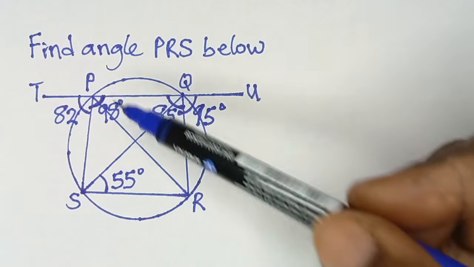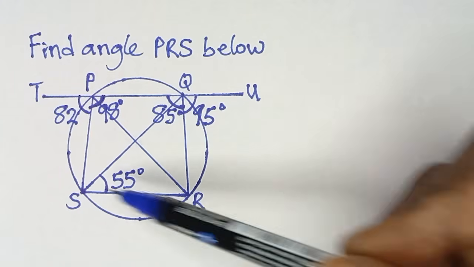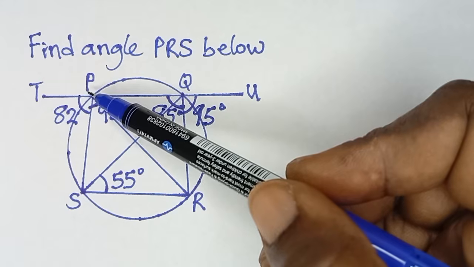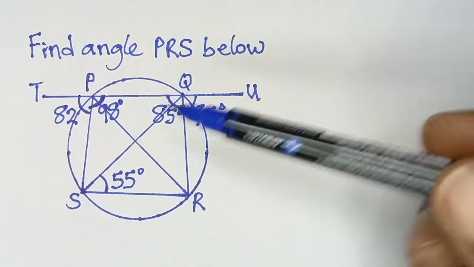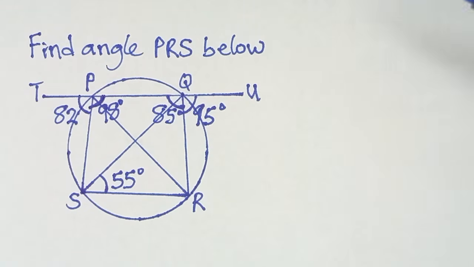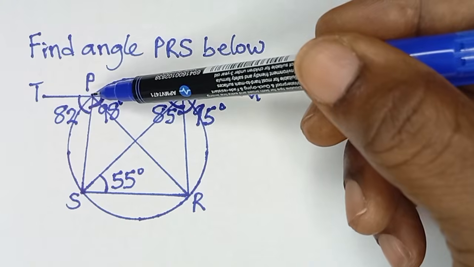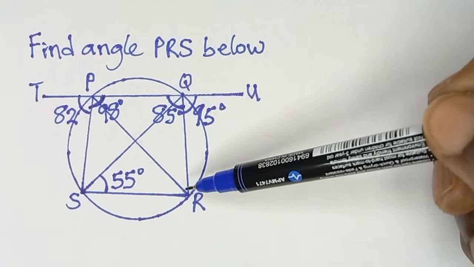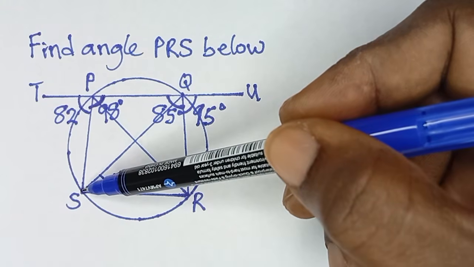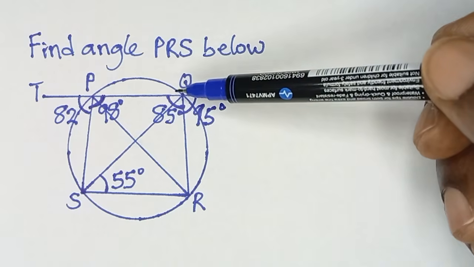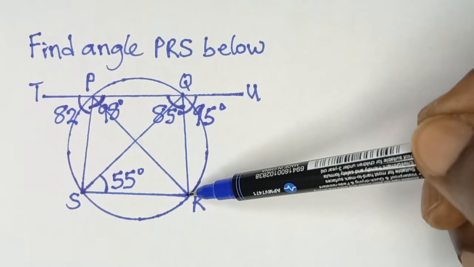Now, let's look at this PQRS. If you look at this shape PQRS, it is a quadrilateral. And what type of quadrilateral is it? It is a cyclic quadrilateral. Why? Because all the vertices are on the circumference of the circle.